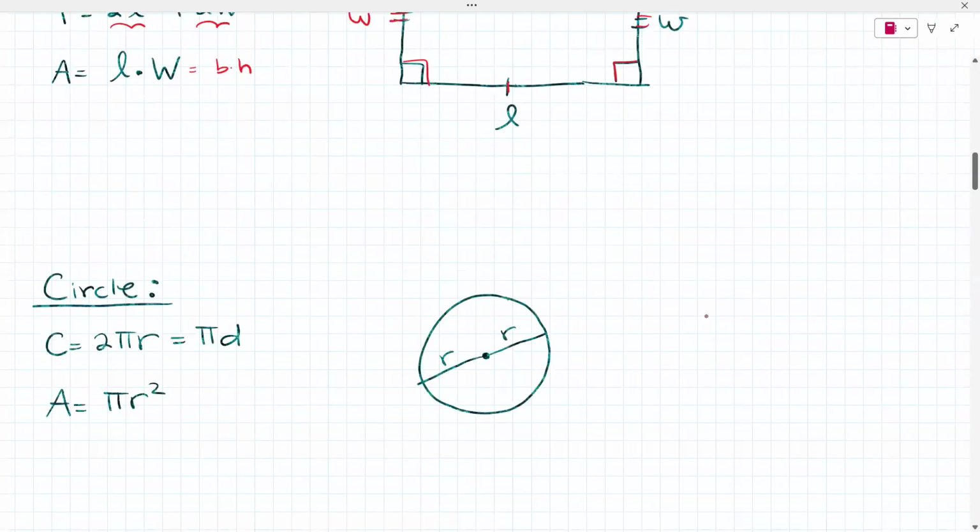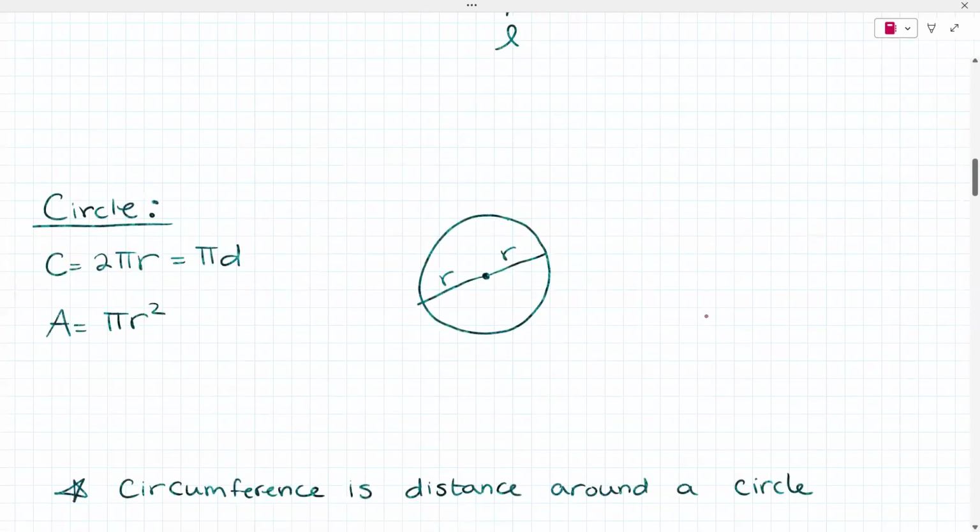Okay, now let's talk about a circle. For a circle, the circumference is basically the perimeter, right? So the circumference of a circle is 2 times pi times r, or pi times diameter. Sometimes they'll give you a radius, sometimes they'll give you a diameter. Either formula works. And then the area of a circle is pi r squared.